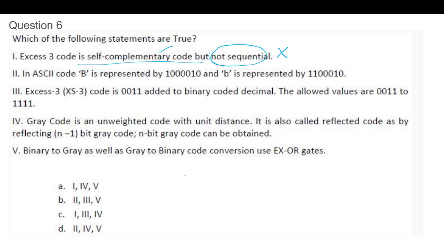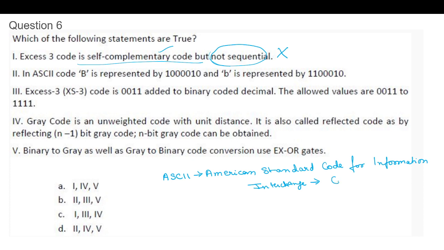And the ASCII means American Standard Code for Information Interchange, and it is a standardized code for computer hardware.